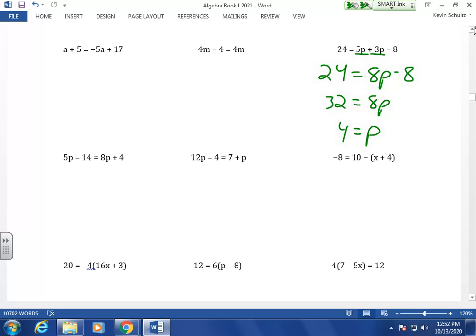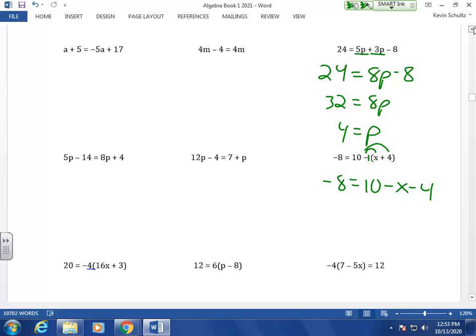So we're not going to put in the 10 because we're not multiplying the parentheses by 10. It's that hidden negative 1 that's there even though it's not really written. Just the negative sign is. So we're going to distribute that in, and all that really does is change the sign of what we have inside of our parentheses. So negative 8 equals 10 minus x minus 4.